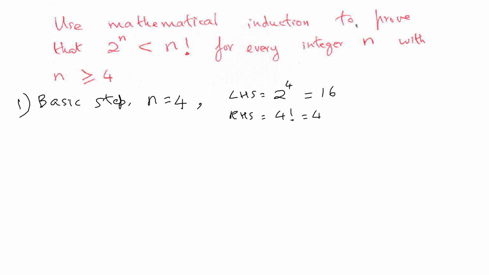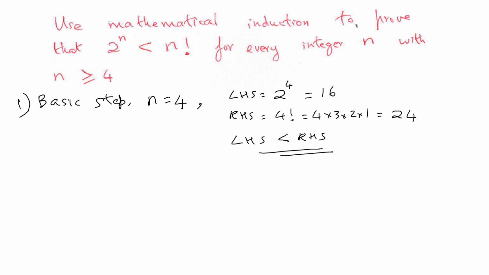So 4 factorial means 4 into 3 into 2 into 1. So how much you get here? 4 into 3 is 12. 12 into 2 is 24. So you get here as 24, which is very clear that left hand side is less than right hand side. Correct? So this is true.